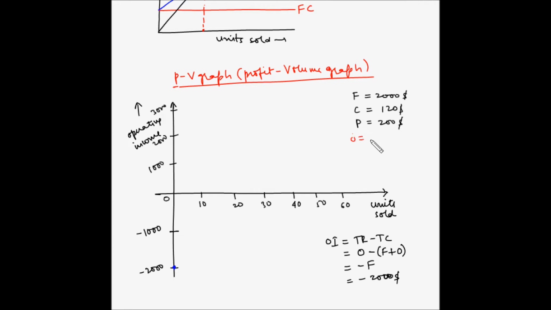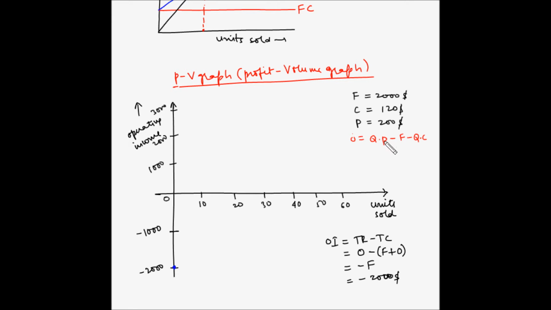So 0 is equal to the total revenue, which is Q multiplied by P, where Q is the number of units sold and P is the unit selling price, minus the fixed cost and minus the variable cost, which is Q multiplied by C, the unit variable cost. And we have kept operating income as 0 because at the break-even point the operating income is 0, as it is a point of no profit, no loss.